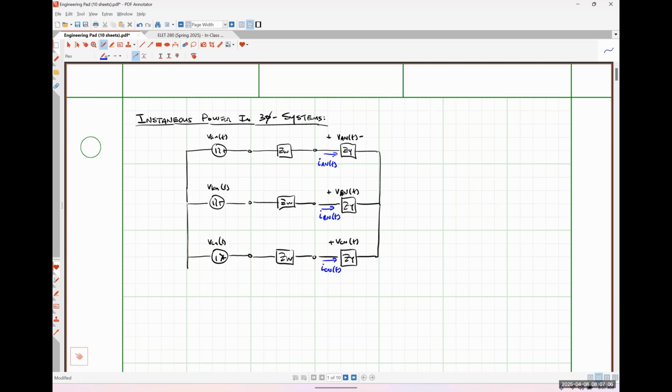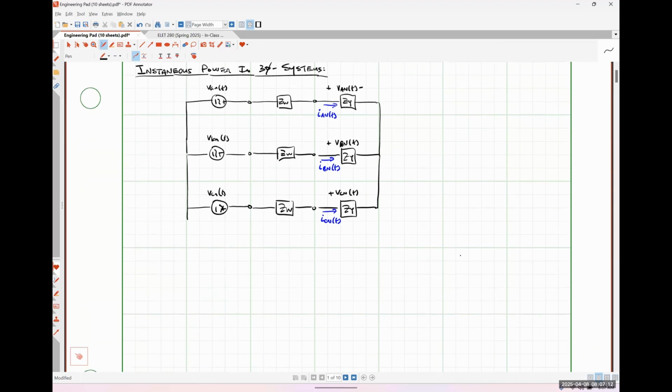Like so. So when we were talking about instantaneous power with regards to a single phase system, I'm just going to put this as P one phase as a function of time. We simply had our voltage as a function of time multiplied by our current as a function of time.